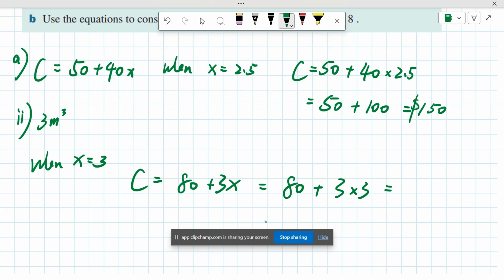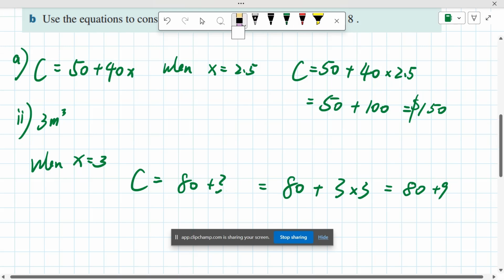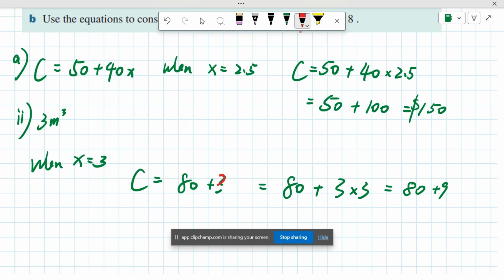Sorry, that's 30x. So 30 times 3 is 90, and that equals $170. You have to use the right equation.